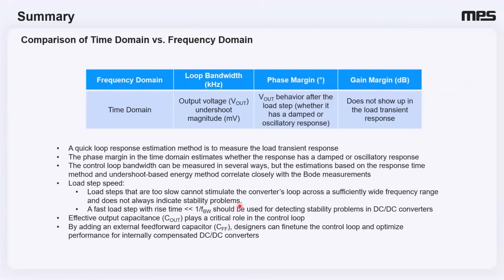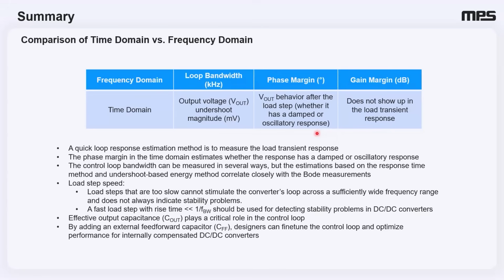To wrap up our discussion, let's summarize the key takeaways. The table here neatly summarizes the type of information one can get from frequency domain versus time domain analysis. While frequency domain gives direct phase margin, gain margin, and loop bandwidth, the time domain provides critical insights into undershoot, ringing, and overall voltage behavior, which directly translate into system stability performance.